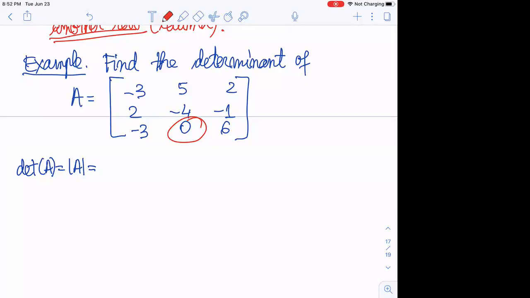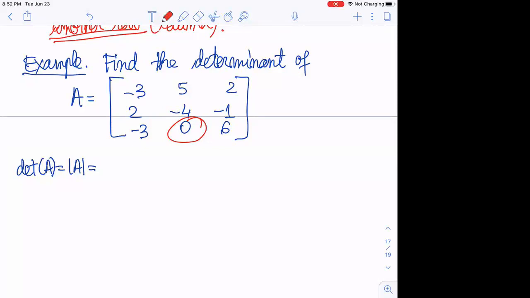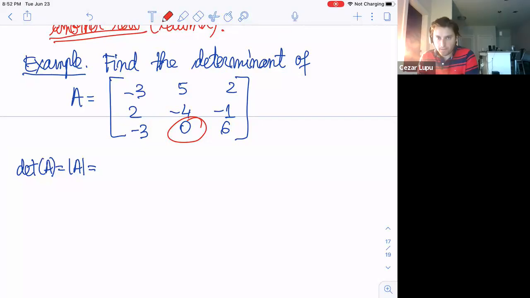Yeah, if you multiply 2 times the first column and add it to the third column. Pay attention. I want to make myself clear. When you do operations with columns, we just stay with columns. When you do operations with rows, you stay with rows.